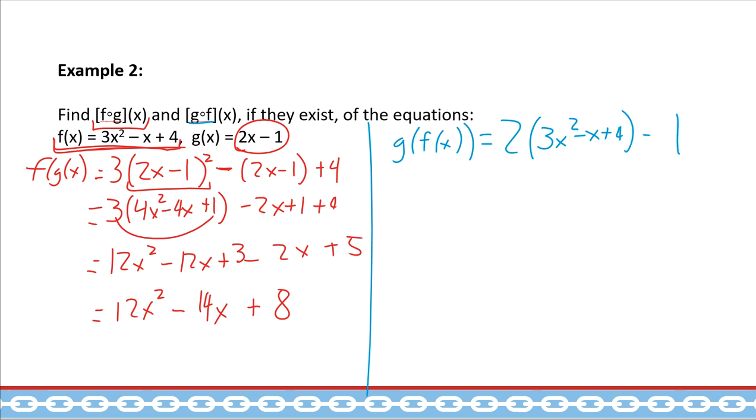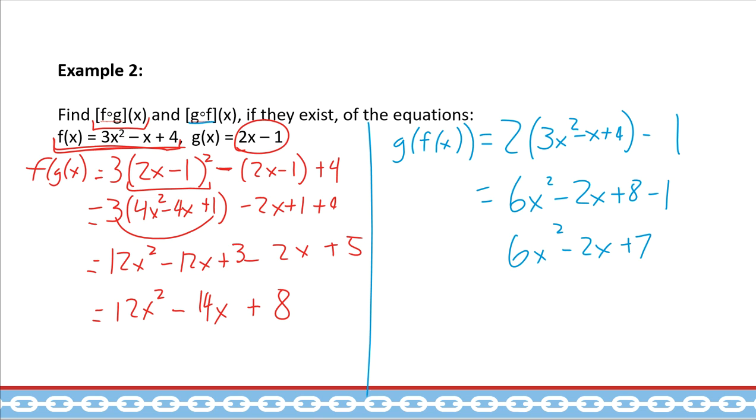And now I distribute and combine like terms. So 6x squared minus 2x plus 8 minus 1 would give me 6x squared minus 2x plus 7. That one's less work than the other way.